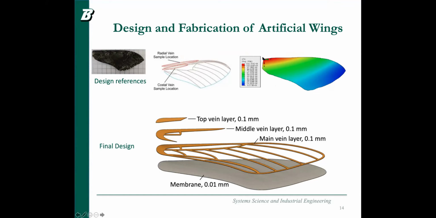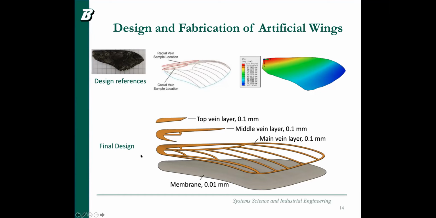It is very clear that the root area, which connects to the body of the hawk moth, is much heavier than the tip area. Those 3, the outside contour, the vein structure, and the weight distribution, are our references for design.